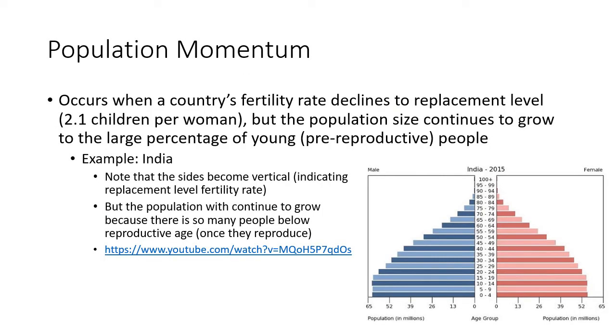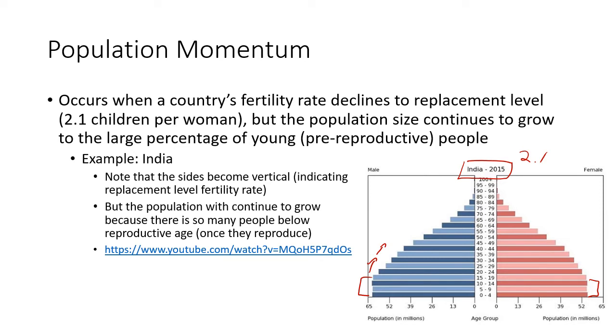And again, population momentum. Even if India in this case was to go to a total fertility rate of 2.1 children per woman, that still means that there's going to be this entire age bracket down here that's going to have to shift up throughout these ranks.